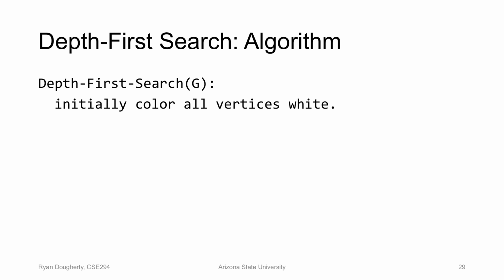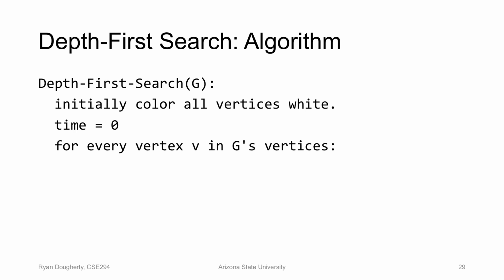I haven't explored any of them yet. This timestamp is going to be in the variable time, and the timestamp currently is 0. So for every vertex in all of G's vertices, I'm going to do basically this algorithm of going as far as we can and then backtracking with recursion.